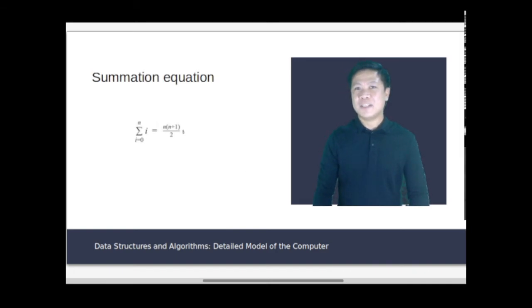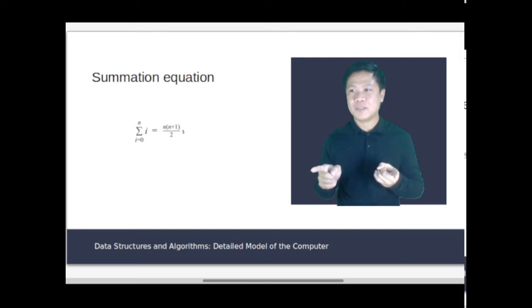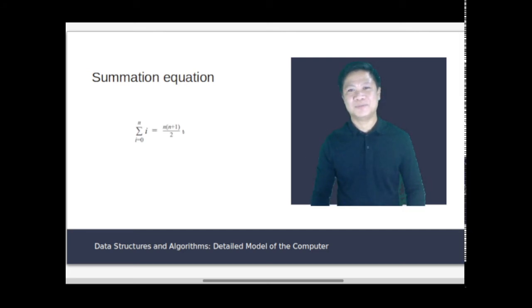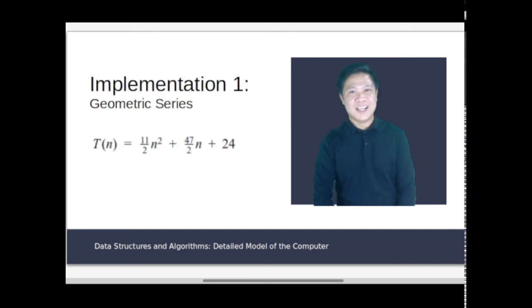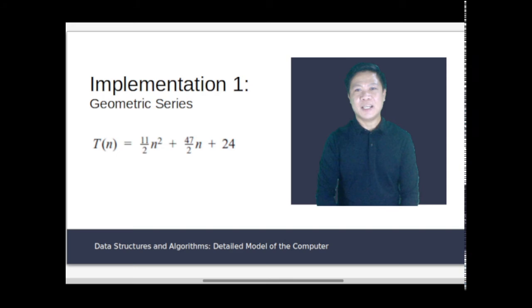To simplify this, we apply the equation summation of i, where i is equal to 0 to n, is just equal to n times quantity n plus 1 over 2. Again, the simplified model runtime for the geometric series in this implementation is C of n equals 11 over 2 times n squared plus 47 over 2 times n plus 24.